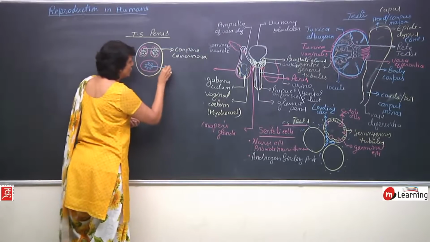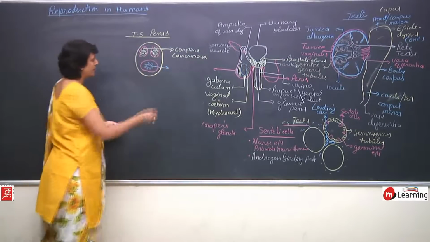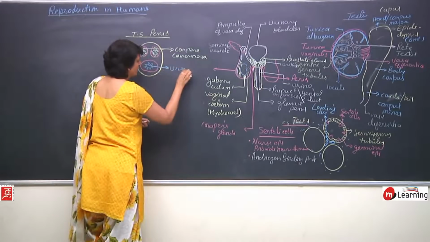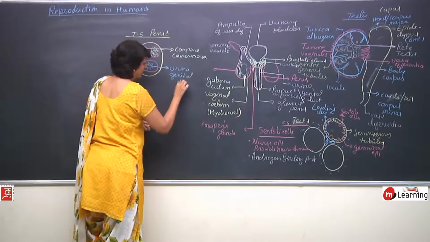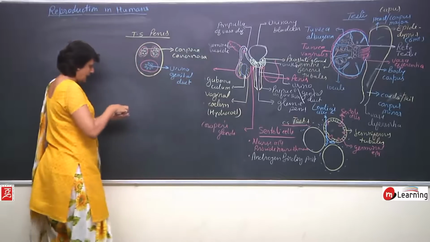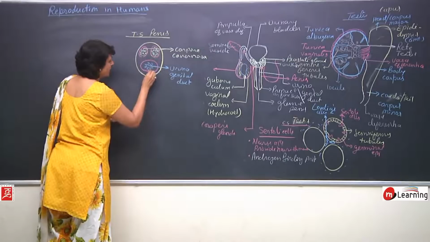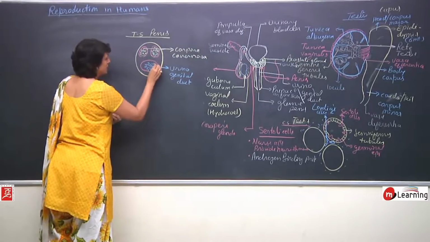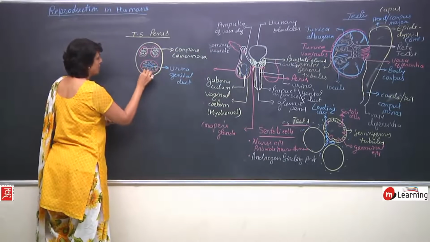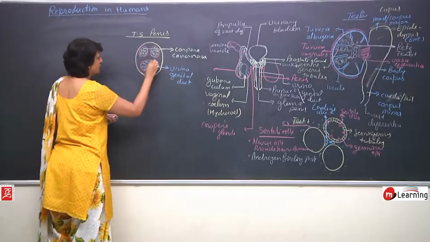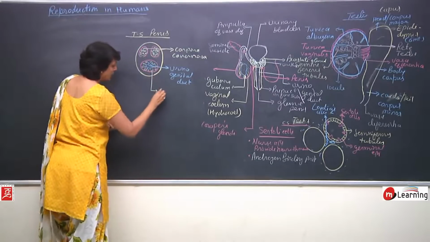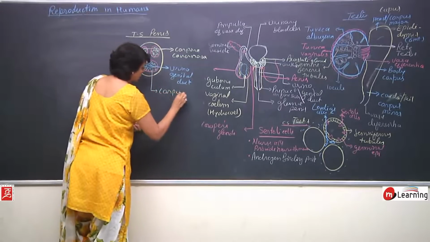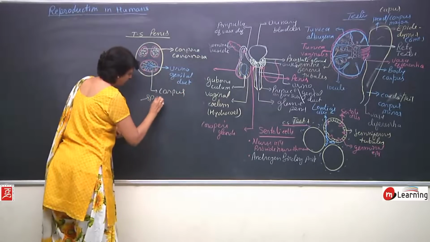This is actually the urinogenital duct. And outside this, again, because it is highly vascular, these blood vessels which are cut and the connective tissue. This tissue is known as corpus spongiosum.